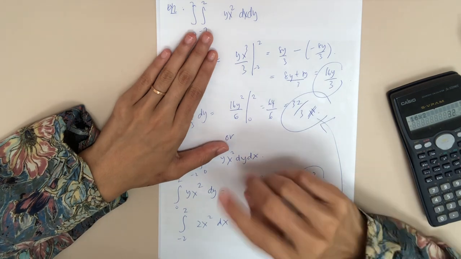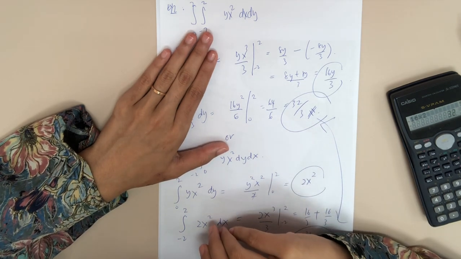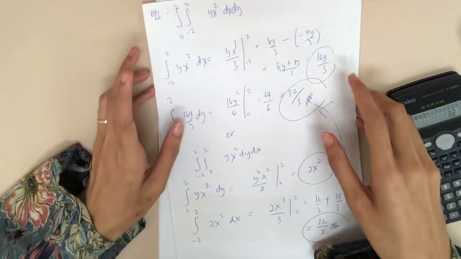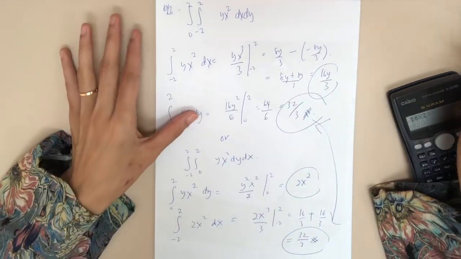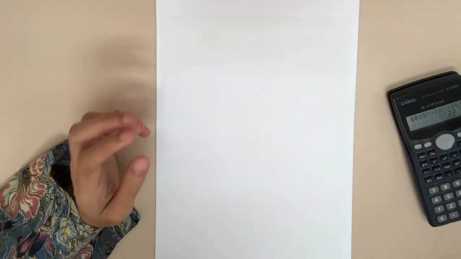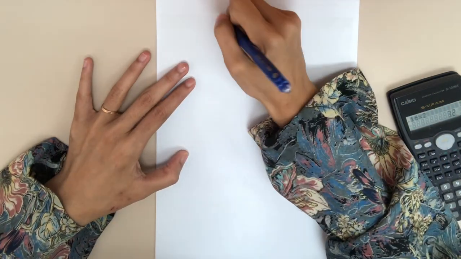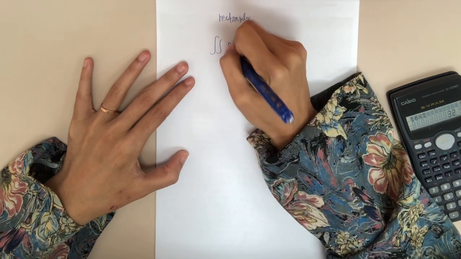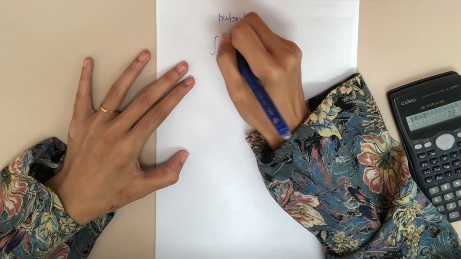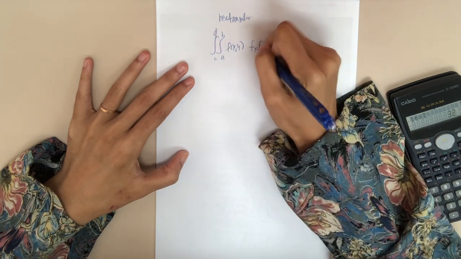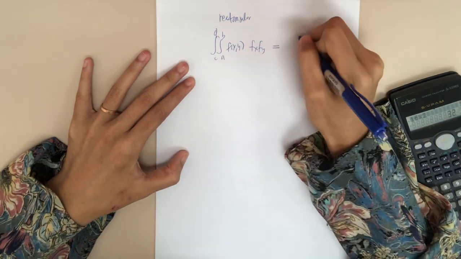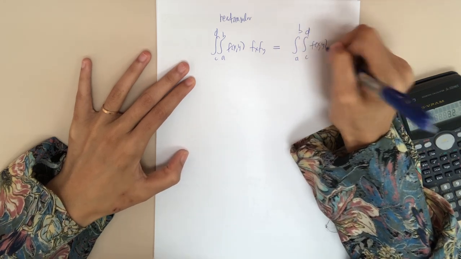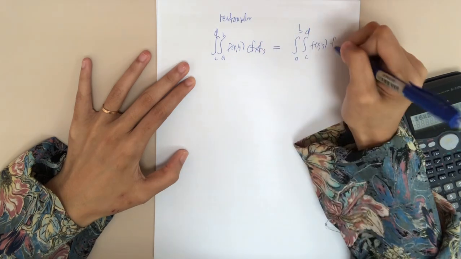Okay, but now we want to go to non-rectangular. For non-rectangular, please bear in your mind, you cannot simply switch the limit. Okay, I write down first. Rectangular, f(x,y) over a to b, c to d, is equal if you do it c to d, a to b, f(x,y) dy dx.